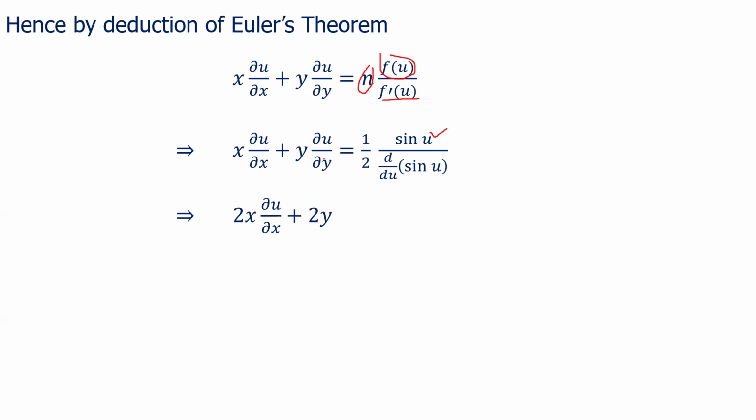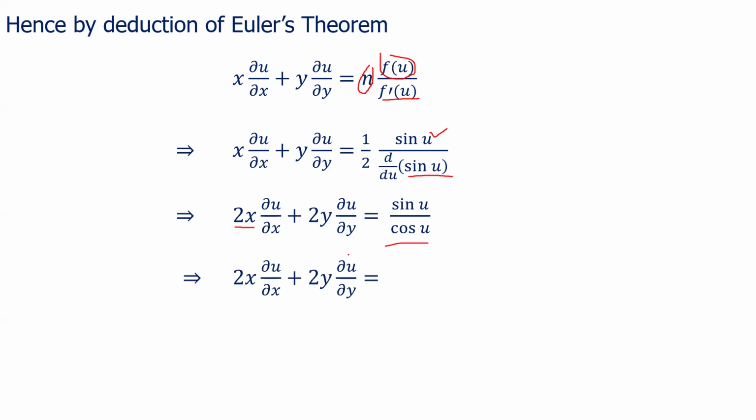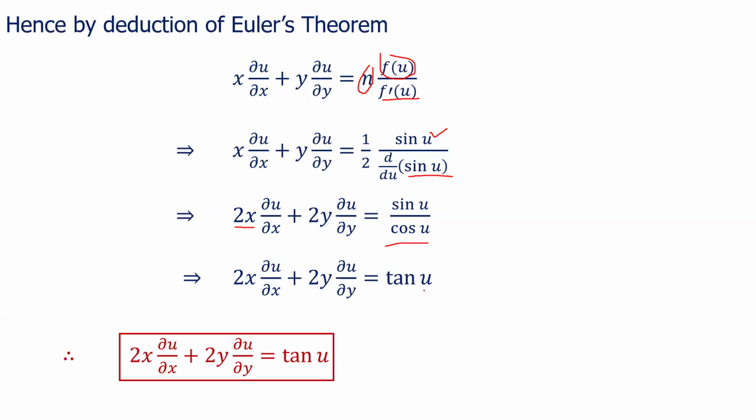So now we can multiply the whole equation by 2. This becomes 2x del u del x plus 2y del u del y, and the derivative of sine u is cos u. So this is nothing but 2x del u del x plus 2y del u del y, which is equal to 10u. And this is our result, hence proved.